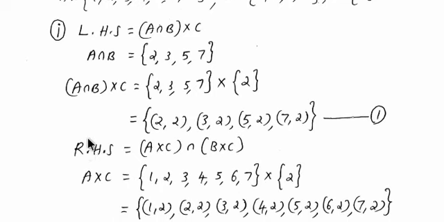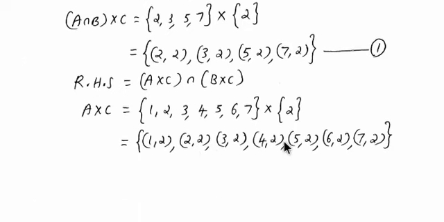Then RHS is equal to (A × C) ∩ (B × C). First find A × C. A × C is equal to, first substitute the set A, then put this cross, then substitute the set C. Then take the cross product. We will get this set.